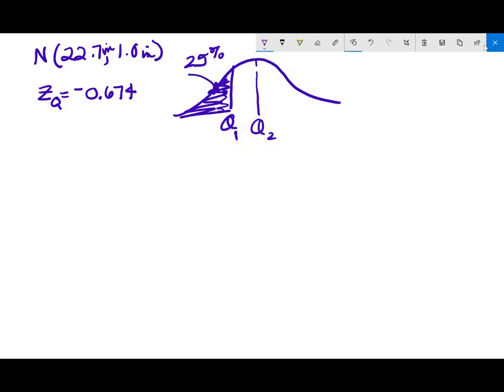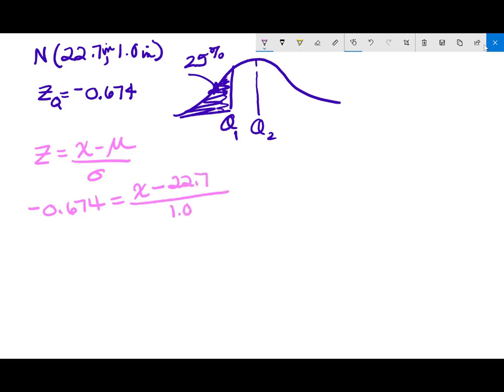So I know z equals my score minus the mean divided by the standard deviation. I know the z-score is a negative 0.674. I don't know what the raw score is, but I know the mean is 22.7 and I know the standard deviation is 1 inch.